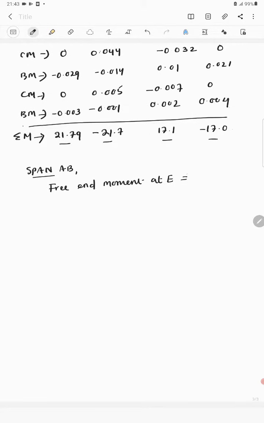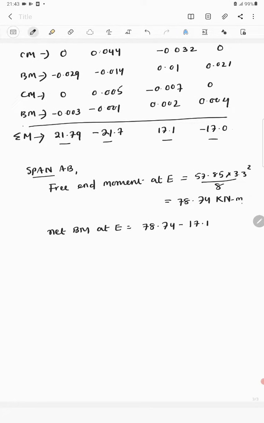This is WL square by 8, that is 57.85 into 3.3 square divided by 8, which is equal to 78.74 kilonewton meter. So what will be the net bending moment at E? 78.74 minus the fixed end moment that I have calculated, 17.1 or 17. That is equal to 61.74 kilonewton meter.